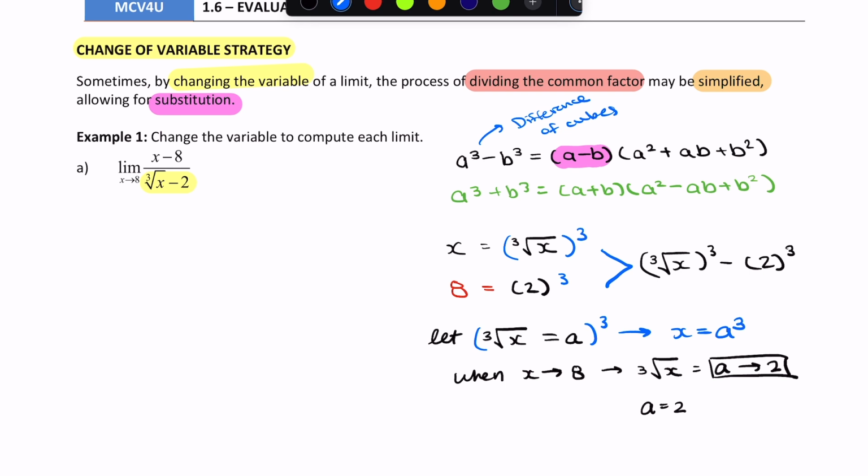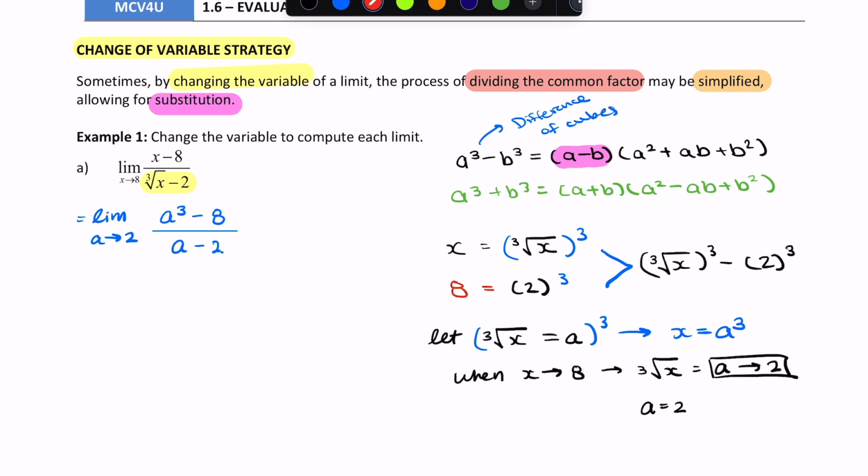Instead of the limit as x approaches 8, we now write the limit as a approaches 2. Instead of x, we now have a cubed minus 8, and the cube root of x has simply become a, so we have a minus 2.